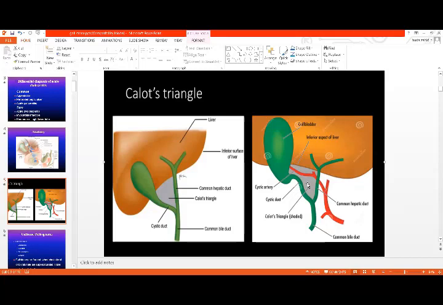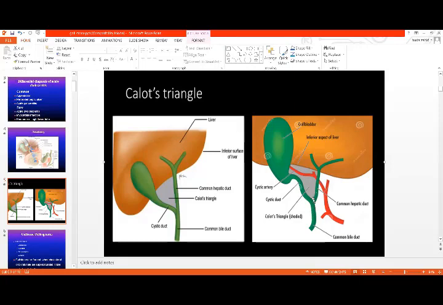Always you should know that when you open up, you make sure that you know where the cystic duct is. I usually, if somebody is doing it, they call me to show, sir, come and see if everything is fine. So I usually ask them, where is the Calot's triangle? Show me the Calot's triangle. And then I ask, where is the common bile duct?